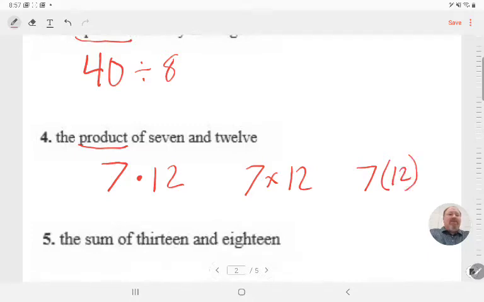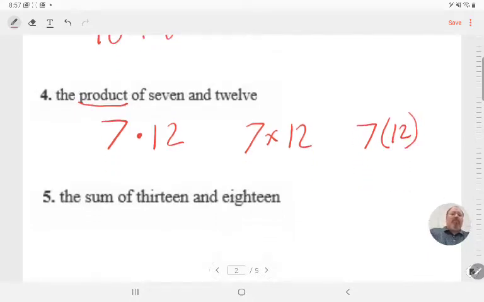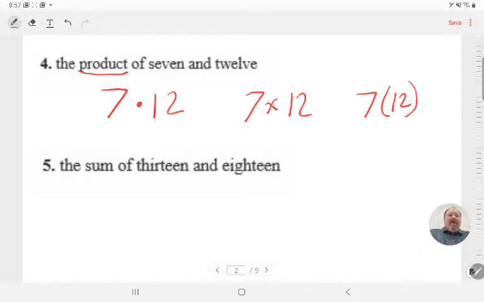All of those mean the same thing. And then I have the sum of 13 and 8. So sum of 13 and 8. So that sum tells me that I'm dealing with addition. So I have 13 plus 8. And that's all there is to writing an expression.